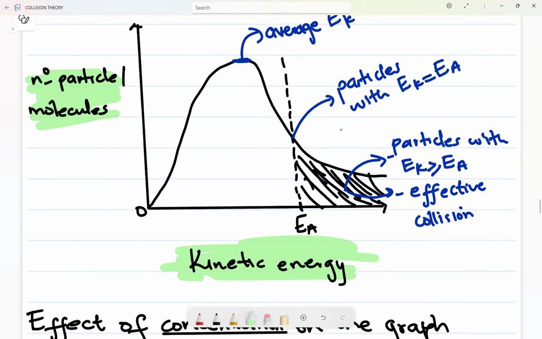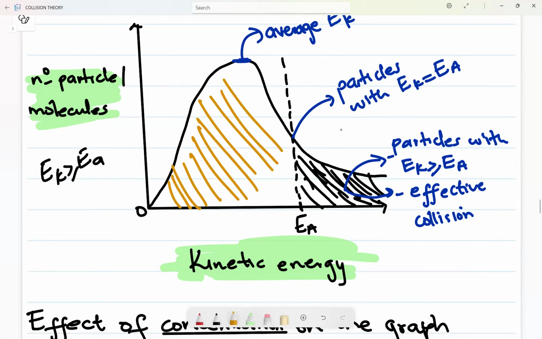Now, remember, for an effective collision we need a kinetic energy that is greater or equal to the activation energy. But can you see this portion here? This is the different kinetic energies. Here, the kinetic energy is less than the activation energy.